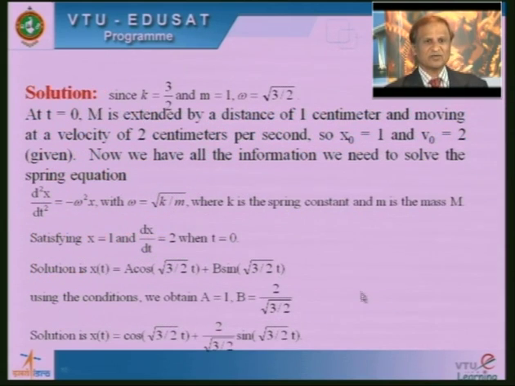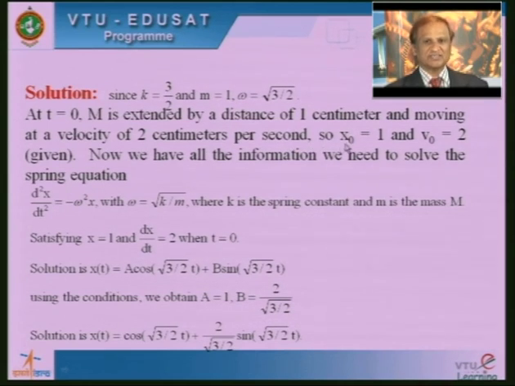And they have given all those values. Since k is equal to 3 by 2 and mass m is equal to 1, omega is equal to square root of 3 by 2. At time t equal to 0, M is extended by a distance of 1 centimeter and moving at a velocity of 2 centimeters per second.